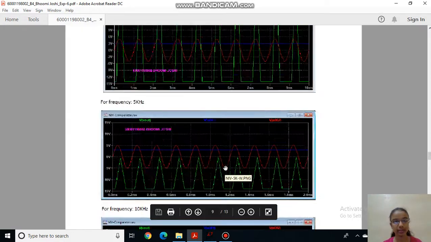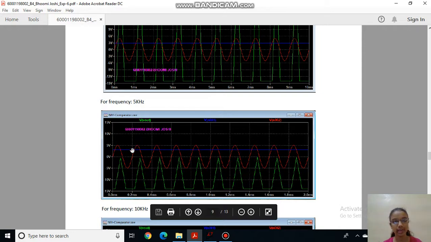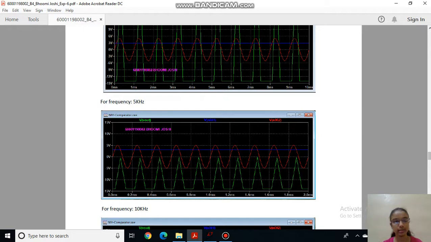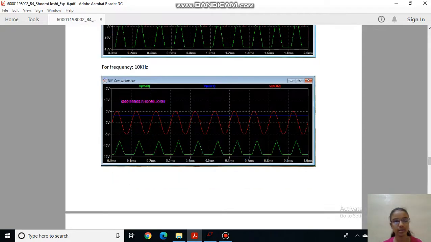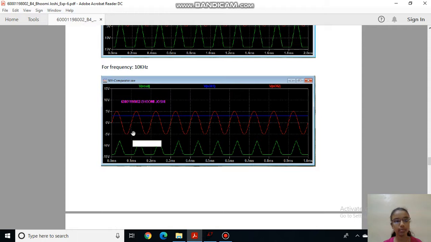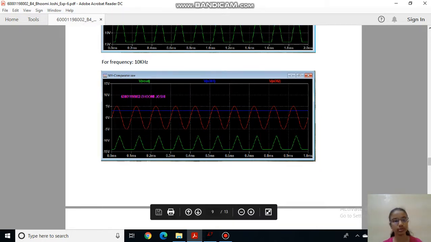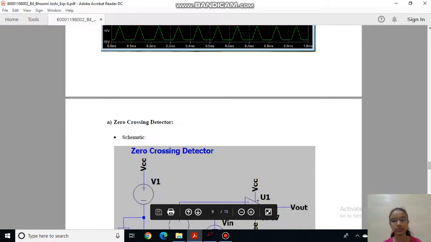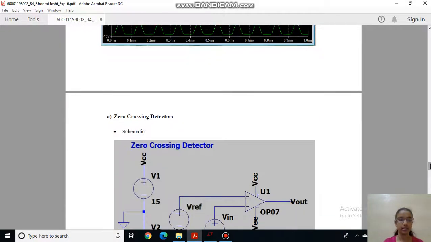So whenever my frequency is 5 kilohertz, I am getting output which is little bit shifted in negative direction, but at 10 kilohertz I am getting my output as minus 3 volt plus negative saturation level. So in this way my experiment number 6 is completed. Thank you.